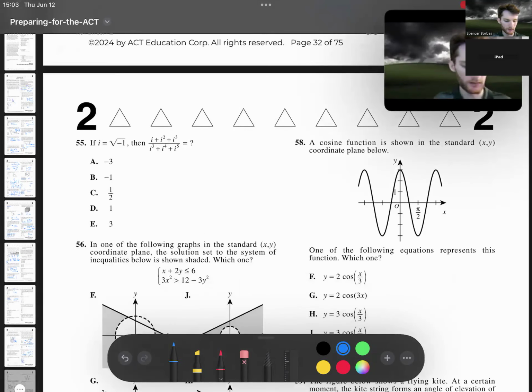If i equals negative 1, okay. I could factor out an i, divide everything by i.